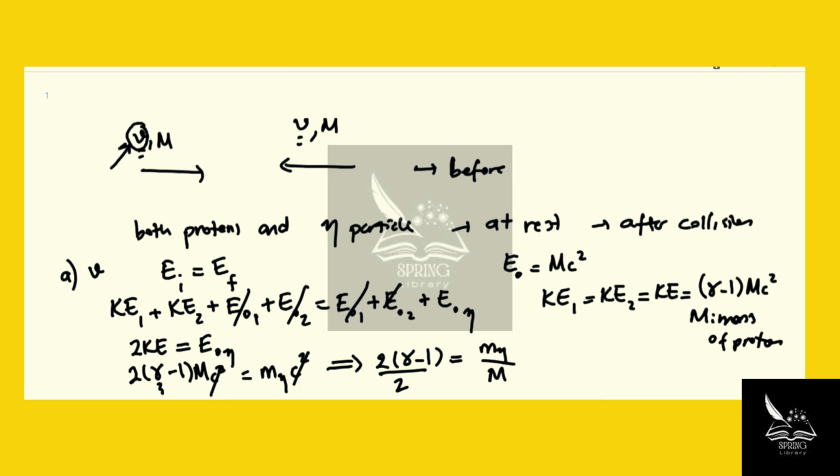If we divide both sides by 2, these are going to cancel out. Gamma minus 1 is going to be equal to m nu over 2M. So let's add 1 to both sides to isolate gamma. On the next page, gamma then is going to be equal to m nu over 2M of the proton plus 1.